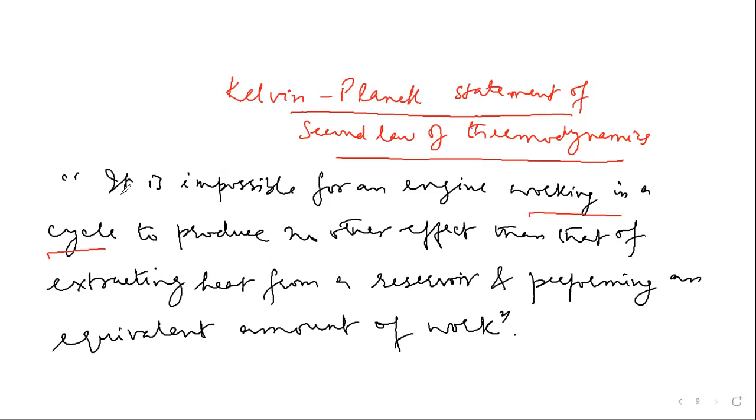That's why we put 0 for change in internal energy. To produce no other effect: that other effect it will always produce, that is rejection of heat, than that of extracting heat from a reservoir and performing an equivalent amount of work. So it is not possible for a heat engine working in a cycle to take heat and convert that heat completely into work. It will always reject some heat. This is one statement of the second law of thermodynamics which you need to understand.